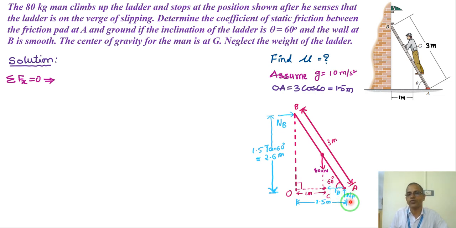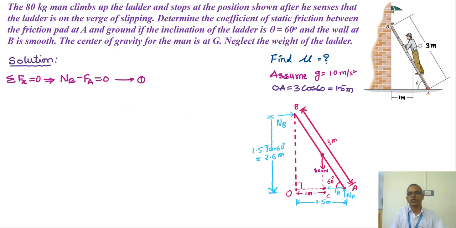One is normal force NA and friction force FA, left hand side. And since the ladder is touching the wall, the wall will give a reaction NB. Okay. So what are the horizontal forces? Here is one FA, which is left hand side, so minus FA. NB is right hand side, right? So simply NB minus FA equal to 0.